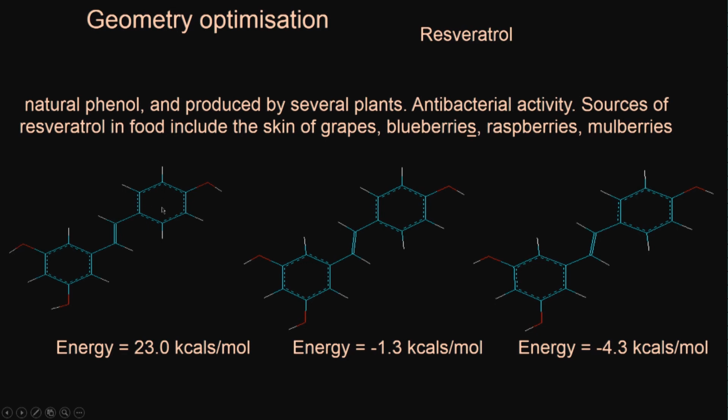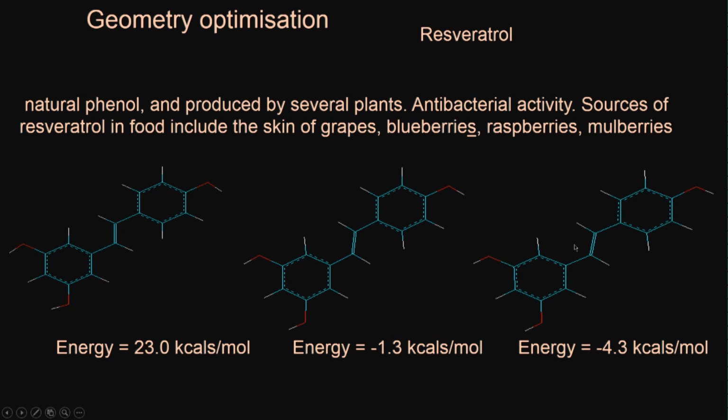So, when it occupies this conformation, the energy is 23 kilocalories positive. Look at this, it can go to minus 4.3 kilocalories, from 23 to minus 4.3, depending upon the orientation of these 2 phenyl rings.